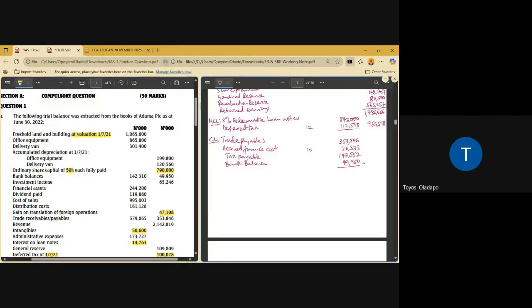Sir, are we not adding the FATA? Oh, we've added it, sorry. Subvention, please. 523,731.